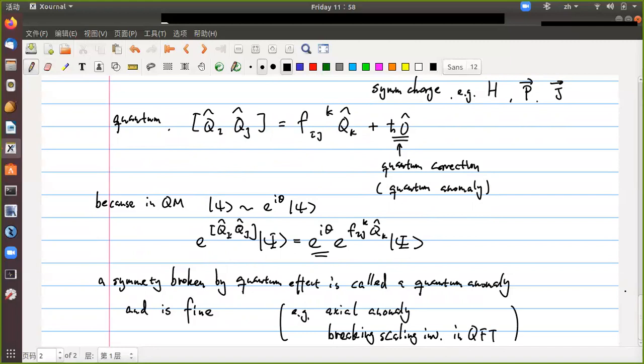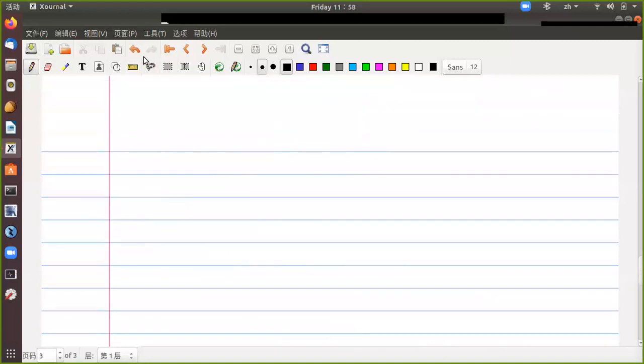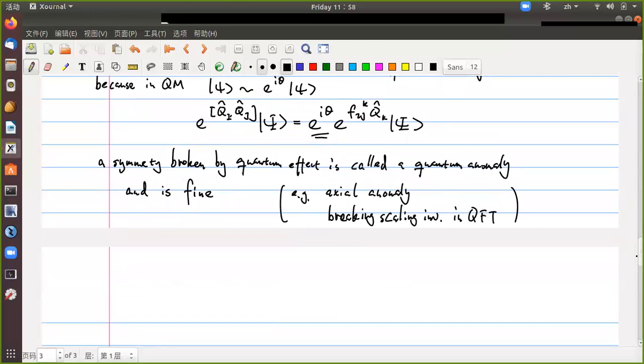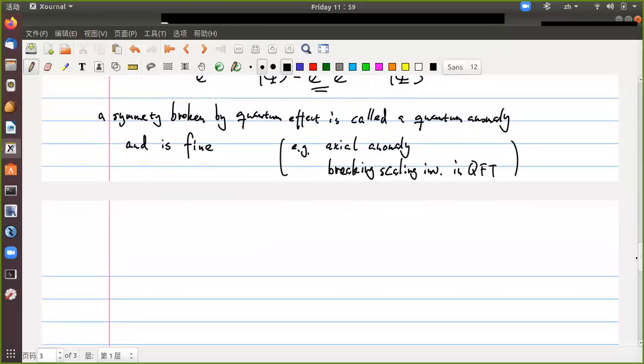This is usually what happens in quantum field theory. Whenever you have a global symmetry at the classical level, in many cases it will be broken by quantum effect, and whenever the symmetry is broken, this is called an anomaly.